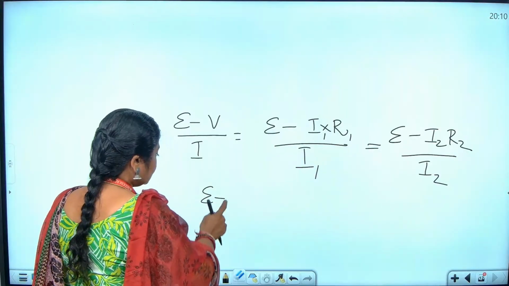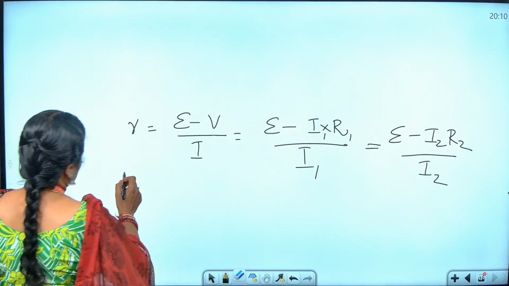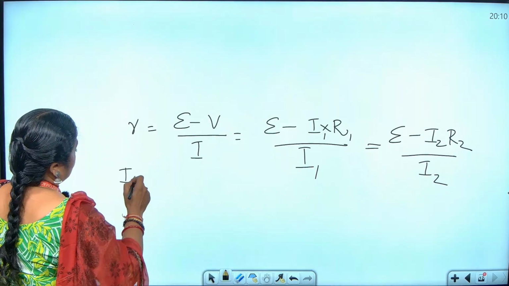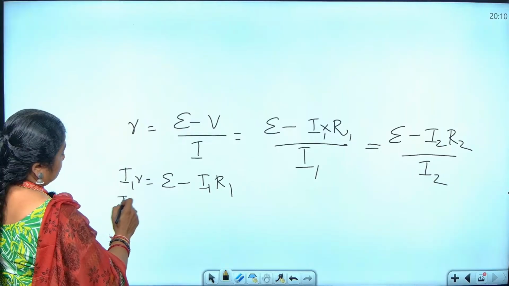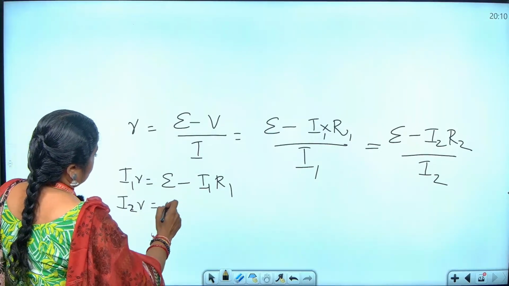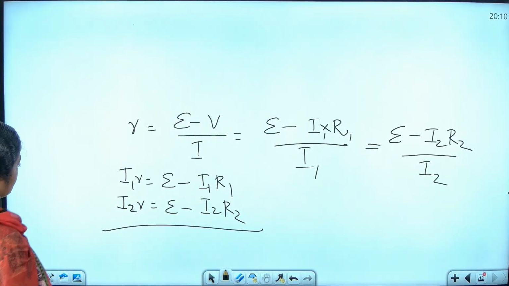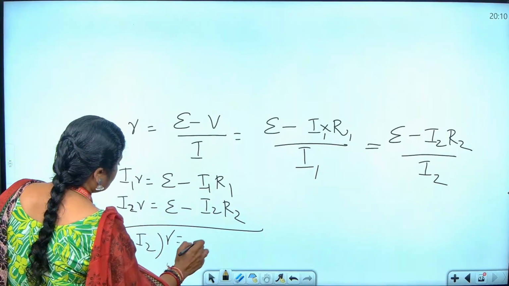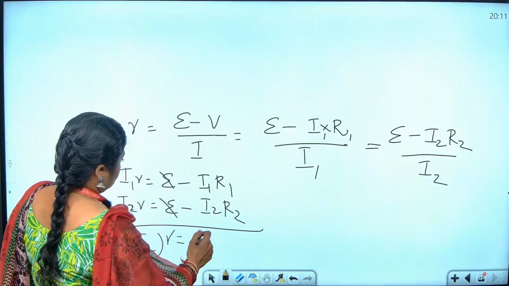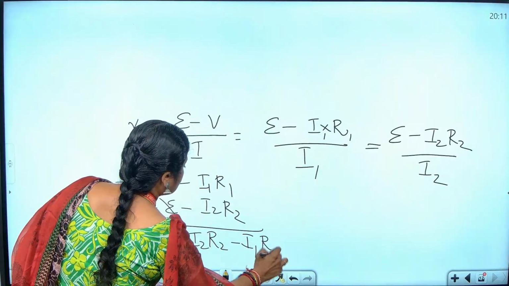Now these two values will be same. The internal resistance will be same in both the cases. How will you solve from these two? Subtract these two equations. I1 minus I2 into r is equal to I2 R2 minus I1 R1.